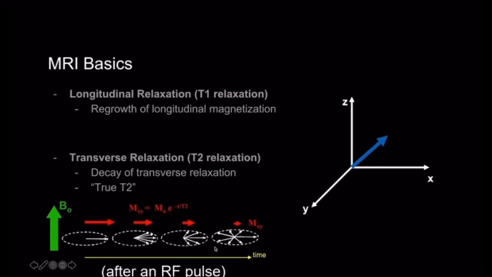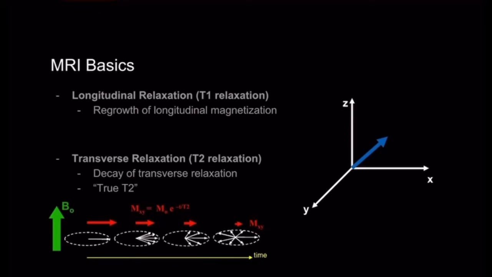Over time, so this yellow line here represents time, over time the nuclei begin to lose their phase coherence, and they precess slightly out of phase and eventually lose signal in the XY plane. In other words, they relax in the transverse plane, transverse relaxation, or T2 relaxation. This is based on interactions of the hydrogen nuclei with the molecular environment, and it's also referred to as the true T2 effect.